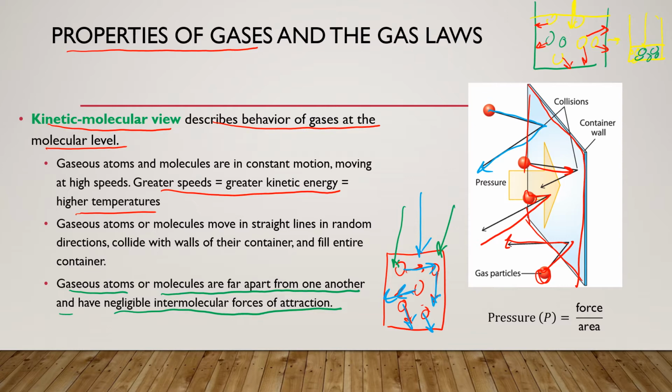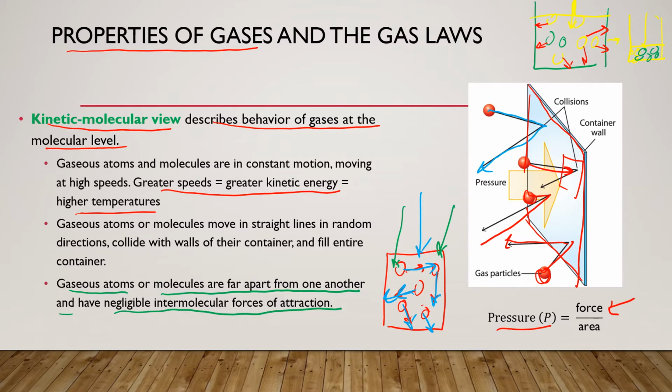So at any given time, a large number of molecules, billions and billions of gas particles, are colliding with the wall, and each of these collisions will exert some force on a small section of the wall.